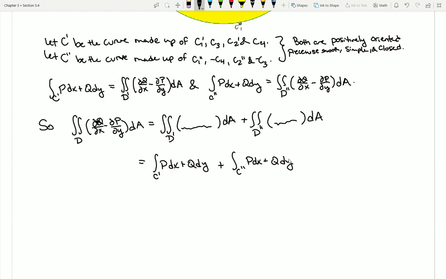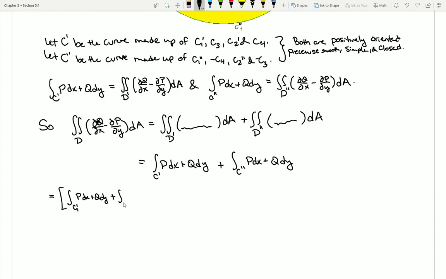Okay. But I can begin to start to break these down as well, because I know that to go along the curve C prime, that's actually going along these four separate curves. So let me try to write out what this would be equivalent to. So here's going to be moving along my C1 prime. I know that that's going to be the same as moving along C1 prime, P dx plus Q dy.